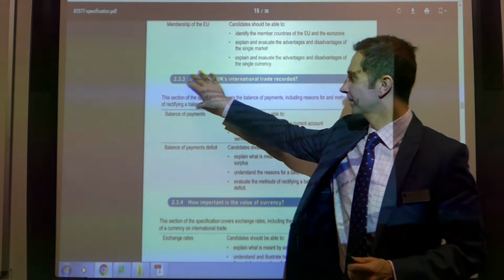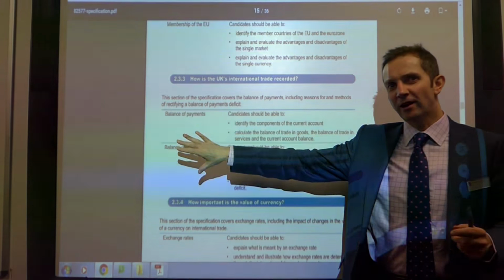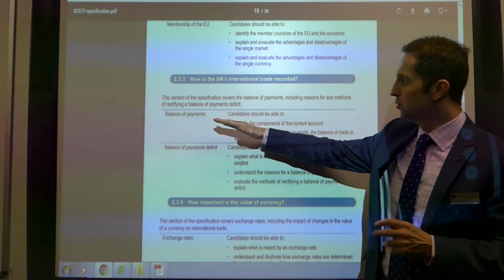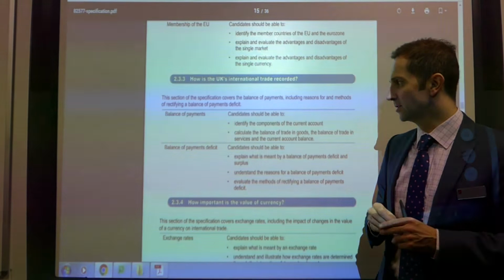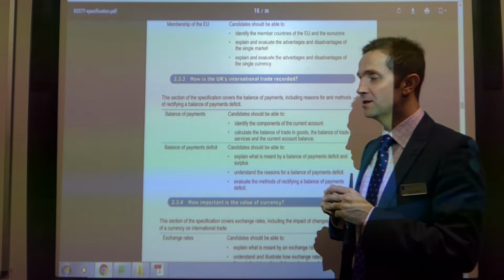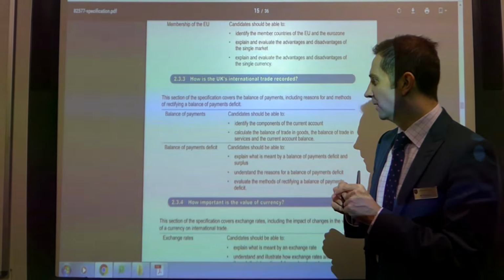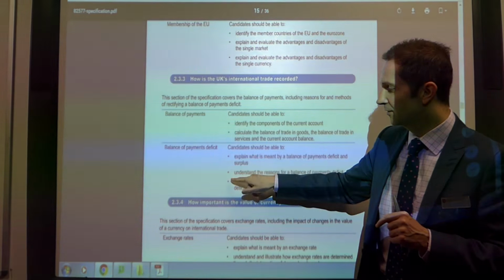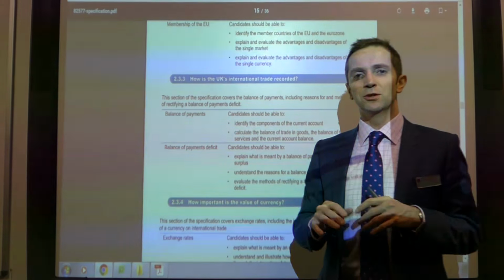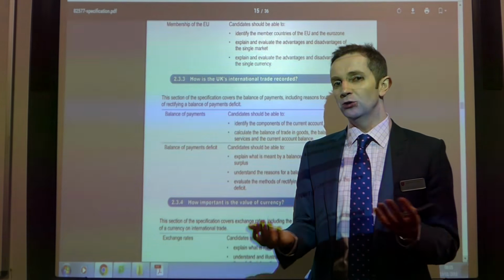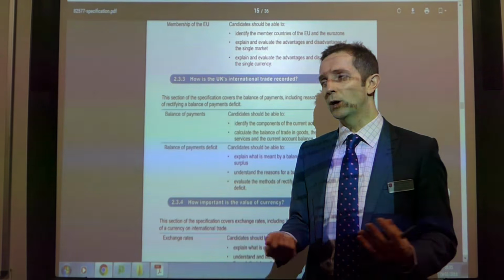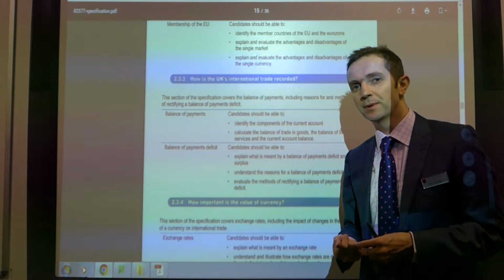So here we are. And you can see here we've actually only got 2 little sections with regard to the current account, although there is quite a lot within those 2 sections. So let's take a look at these bullet points, 1, 2, 3, 4, 5 of them. If you can do all of these 5 bullet points, you ought to be able to handle any question presented to you on the exam paper.